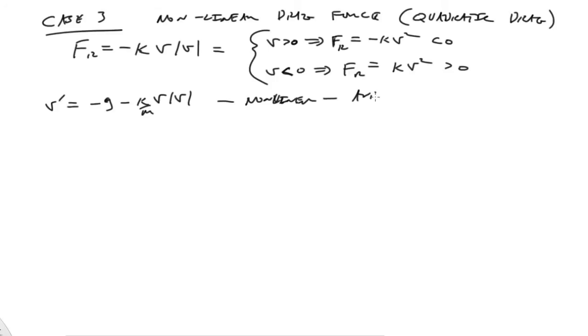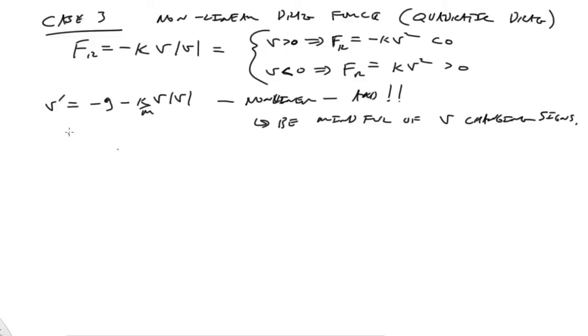And I'm going to put exclamation points. We have to be mindful of v changing signs. Okay, so what we're going to do now is consider the case of an object that's just falling downwards.